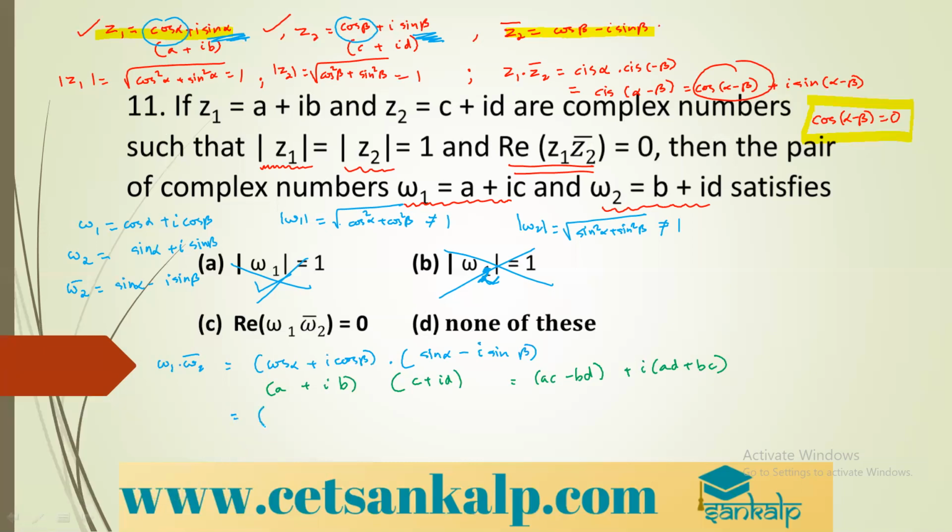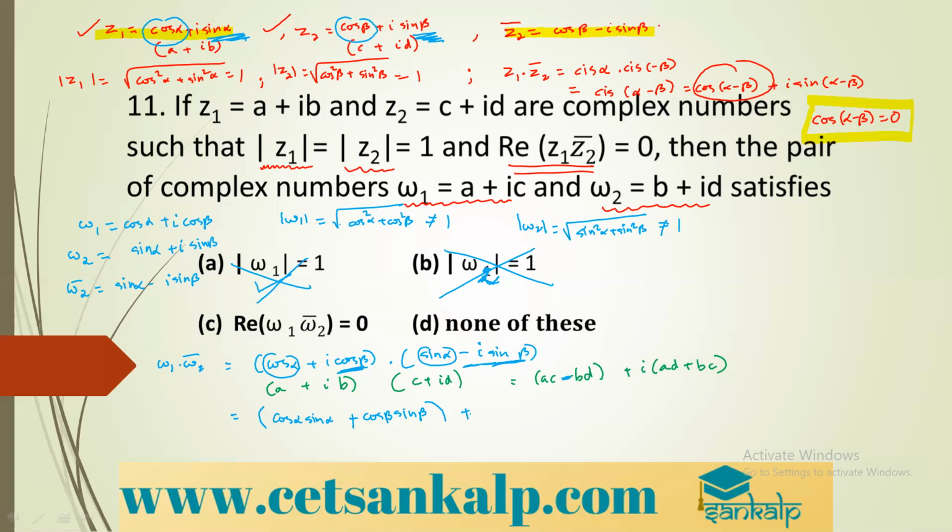First I have AC, which means cos alpha sin alpha, minus BD. BD means cos beta times minus sin beta, but minus is already there, so minus and minus will become plus.